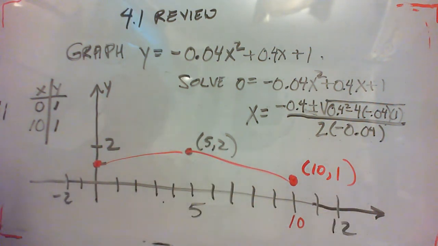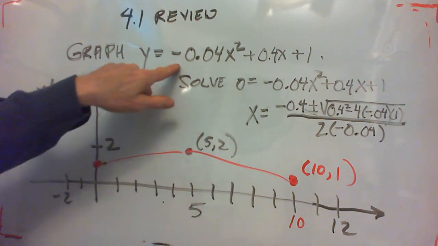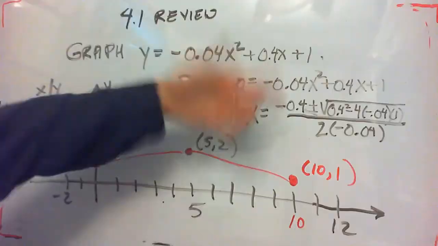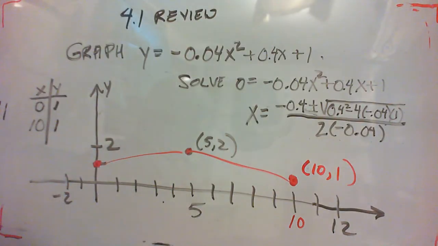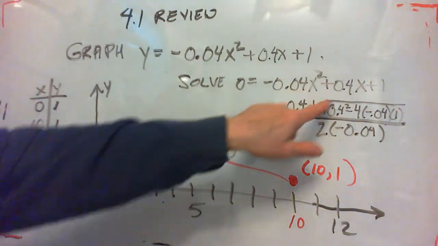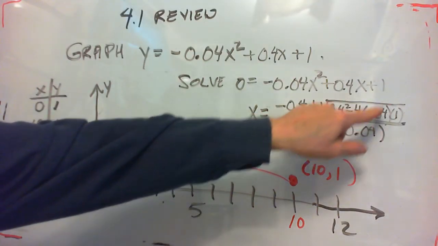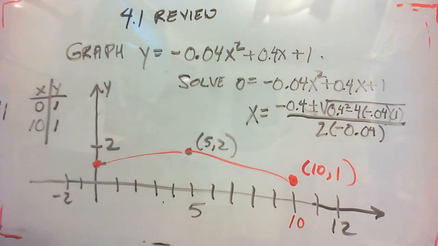And now the intercepts. To find the intercepts, we let our function equal 0. 0 equals our function, and that's just a quadratic formula problem. Plug in all the coefficients: negative b plus or minus the square root of b squared minus 4ac, over 2a.